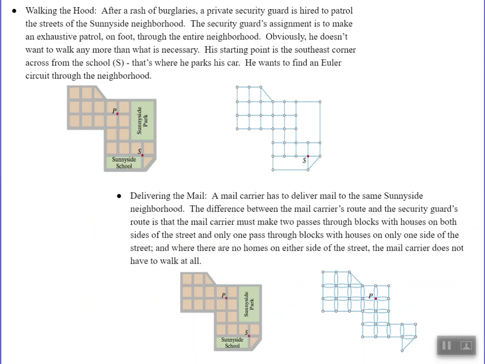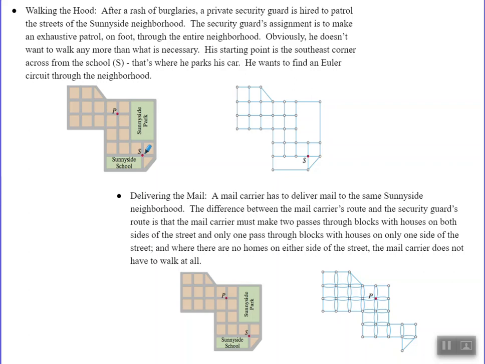A couple of other scenarios. After a rash of burglaries, a private security guard is hired to patrol the streets of the Sunnyside neighborhood. The security guard's assignment is to make an exhaustive patrol on foot throughout the entire neighborhood. Obviously, he doesn't want to walk more than he has to. His starting point is the southeast corner across from the school, so point S, where he has parked his car.